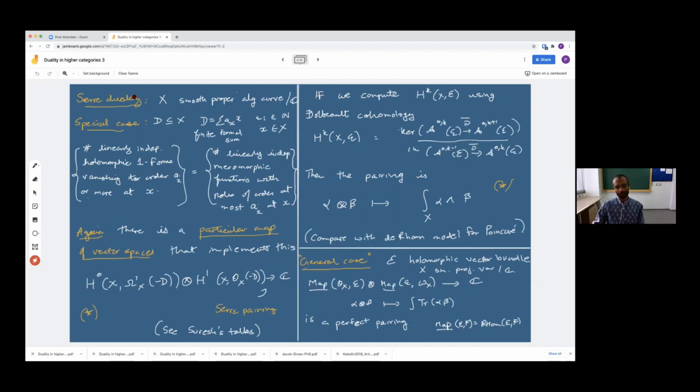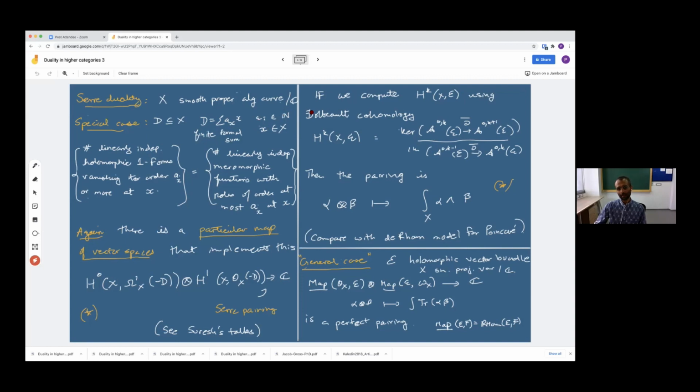So again, let's do Serre duality, and again let's start with a simple case. Let's start with, say, a smooth, proper algebraic curve over C. That's a Riemann surface for those who are not so familiar with algebraic geometry. But now you've seen it in Suresh's lectures. Let's fix some divisor in X, which just means a finite formal sum of points in X. So I've chosen finitely many points, and I've assigned some weights to them.